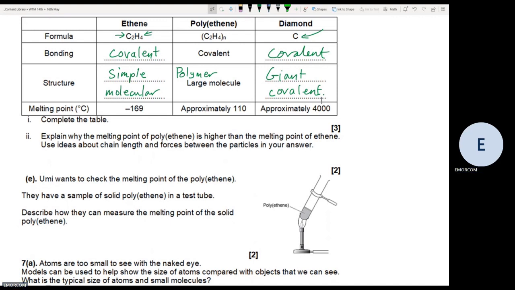So for the first bit, the polyethene having a higher melting point, and in terms of chain length, polyethene has got a longer chain than ethene.